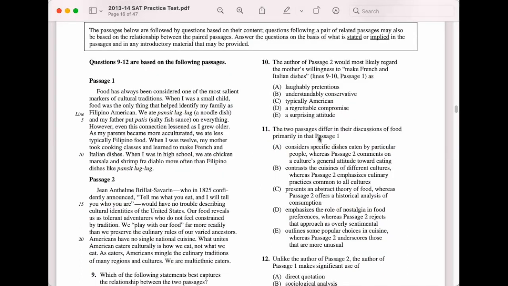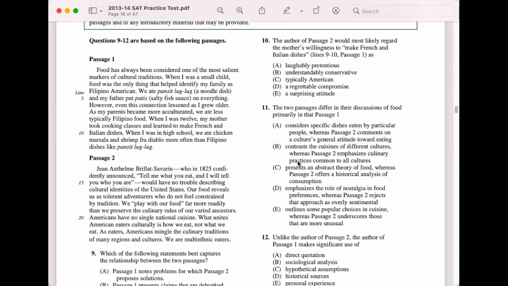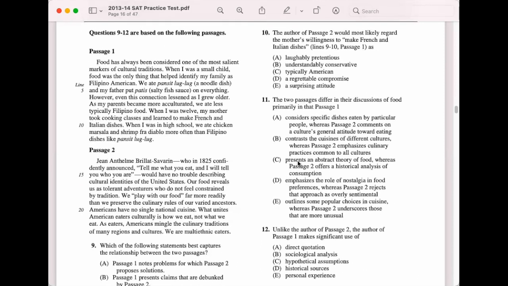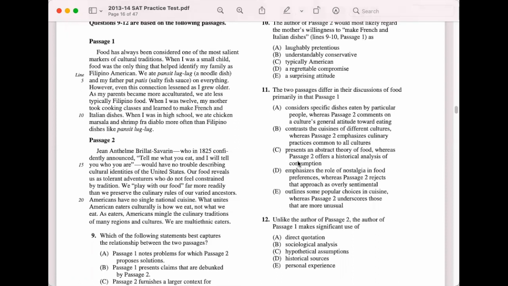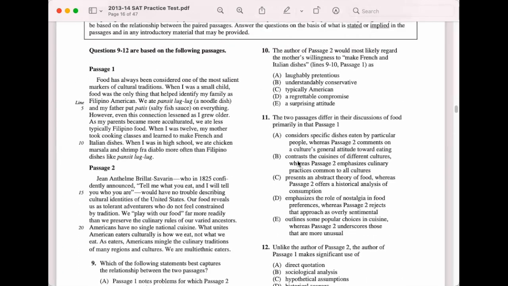So here we have a paired passage 1 and passage 2, and we have 4 questions from this. This, I think, is from the 2013 SAT. So let's begin. Just quickly scanning the questions. Question 9 is about capturing the relationship between the two passages.